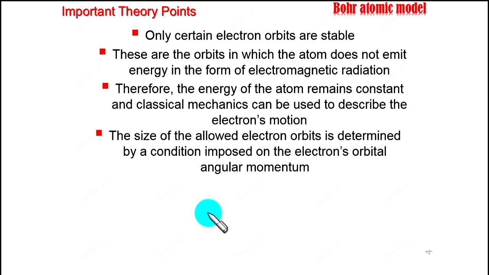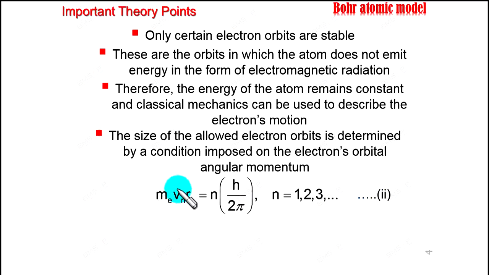If the velocity of the electron orbiting in the nth orbit is vn and radius is rn, we can write m, the mass of the electron, vn, the velocity in the nth orbit, rn, the radius of the nth orbit, equal to nh divided by 2 pi. And n can take any value 1, 2, 3. Let this be equation number 2.